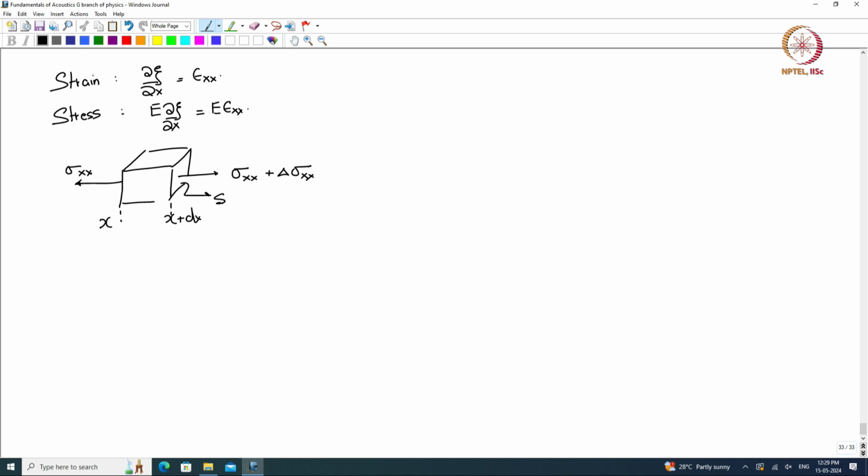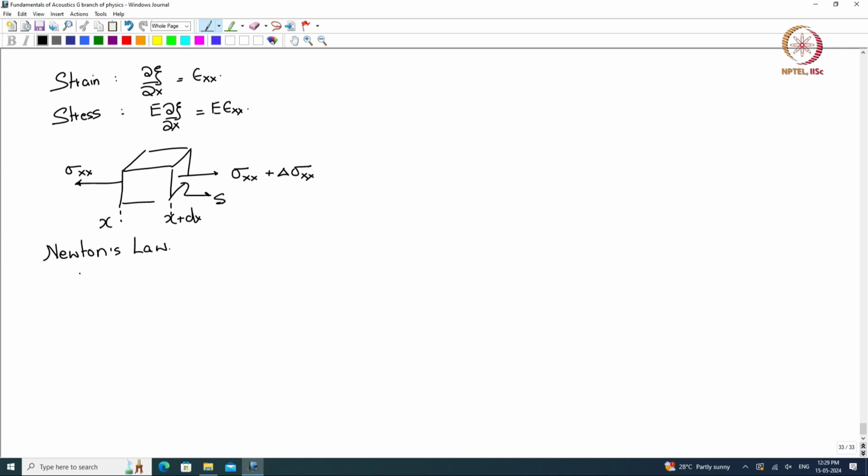Okay, so the net force, so we are going to write Newton's law or momentum balance for this element, which is sum of forces is equal to mass into acceleration.